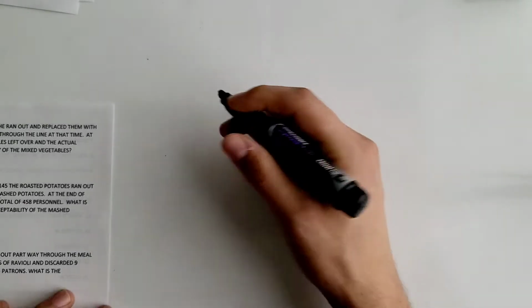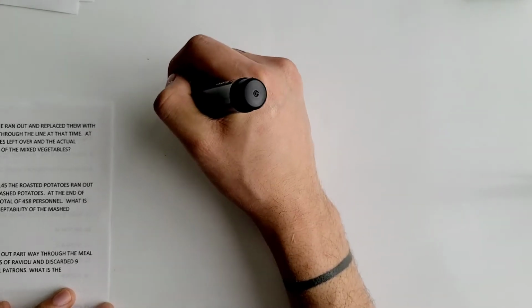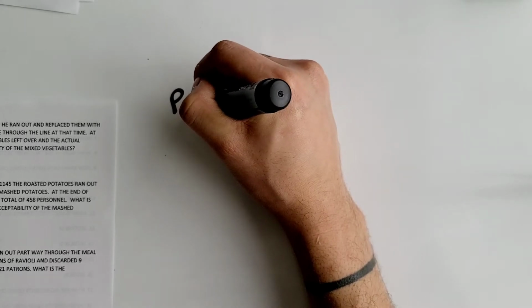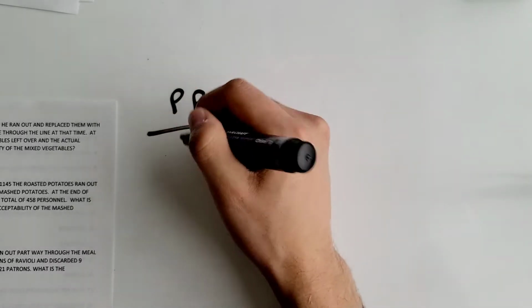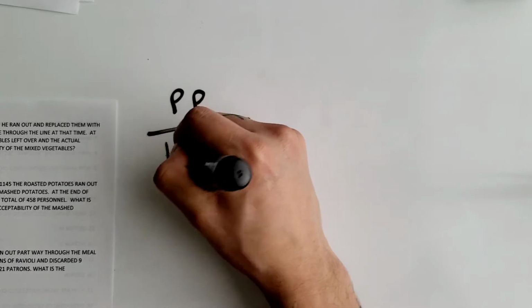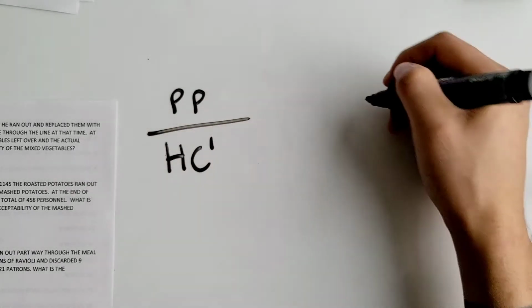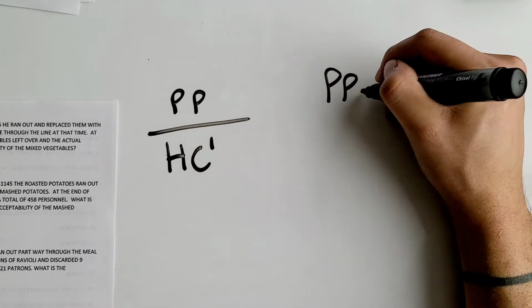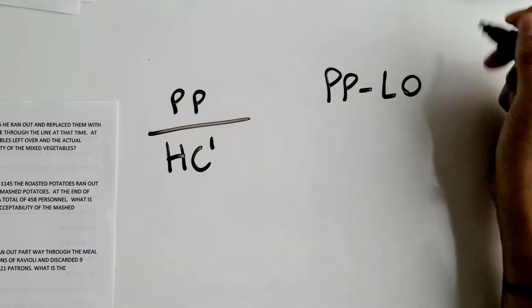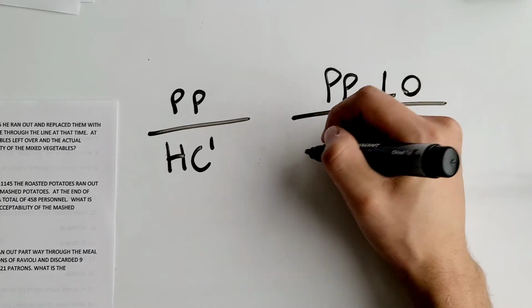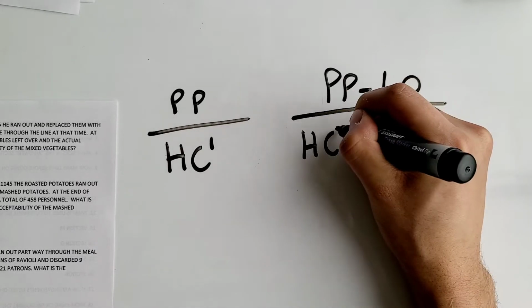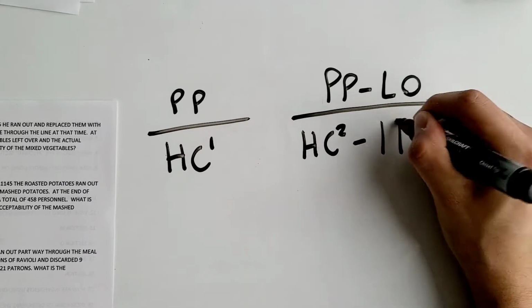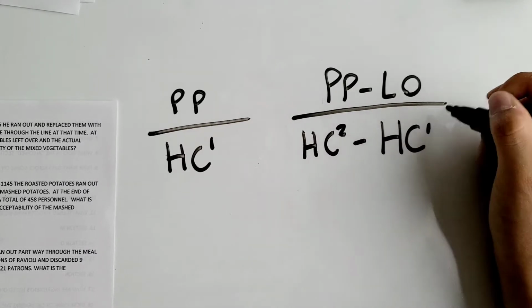So the formula for that would be your portions prepared over your first head count, so HC1, and then your other one is your portions prepared minus your leftovers divided by your second head count, so HC2, minus your first head count, HC1.